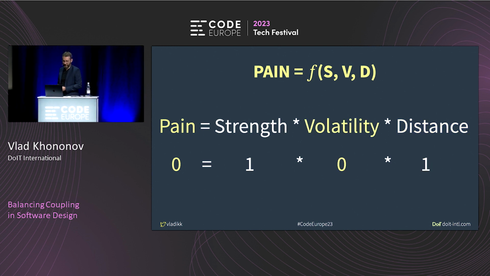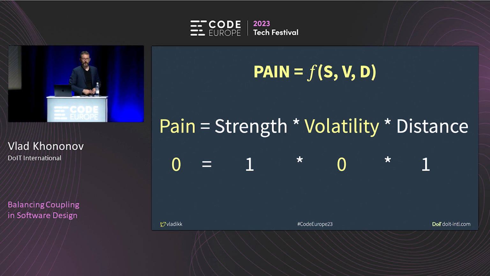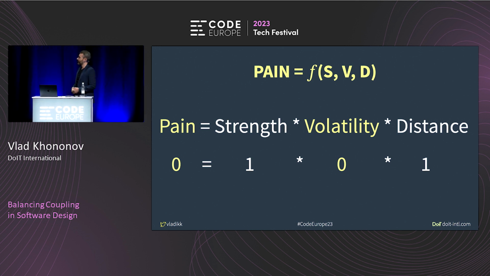And finally, if we have high integration strength over high distance, but the upstream component is not expected to change, it's okay. That's, for example, let's say you are integrating a module to a legacy system. You are fetching its data from its database directly, so you are depending on its implementation details.